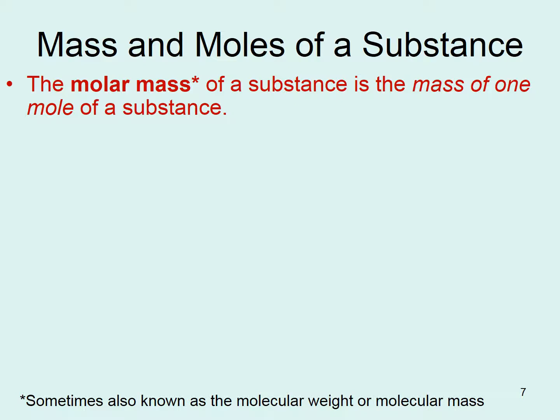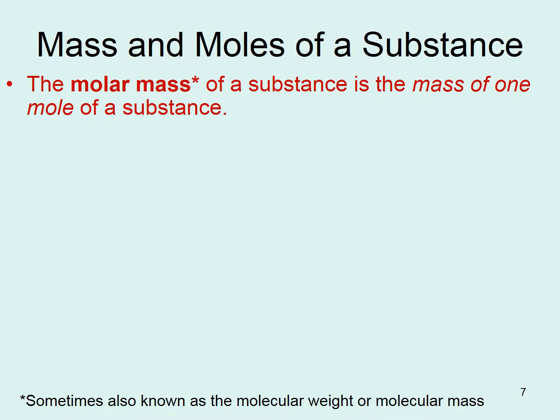All right, so we can now define the molar mass. Sometimes it's also called the atomic weight if you're talking about atoms, or the molecular weight if you're talking about molecules. Molecular mass sometimes is used. Molar mass, I guess, is the most correct term. So what is it? Just what it says. It is the mass of 1 mole of a substance.